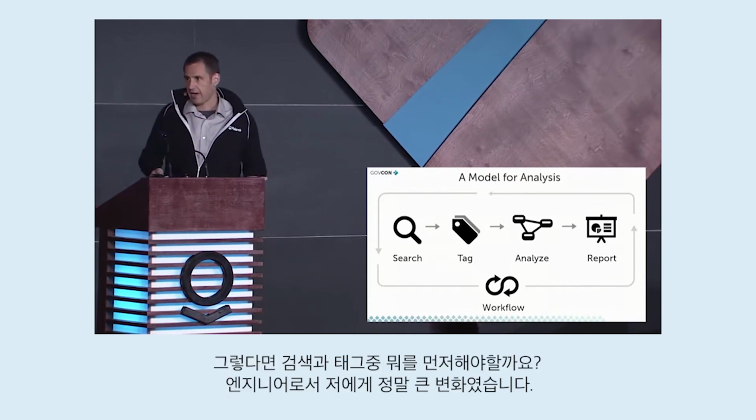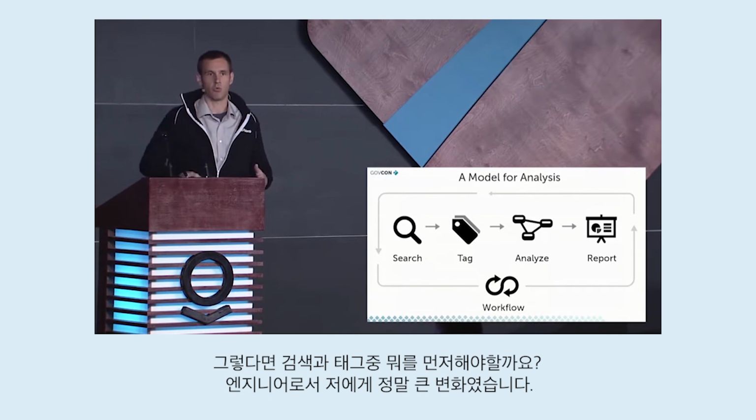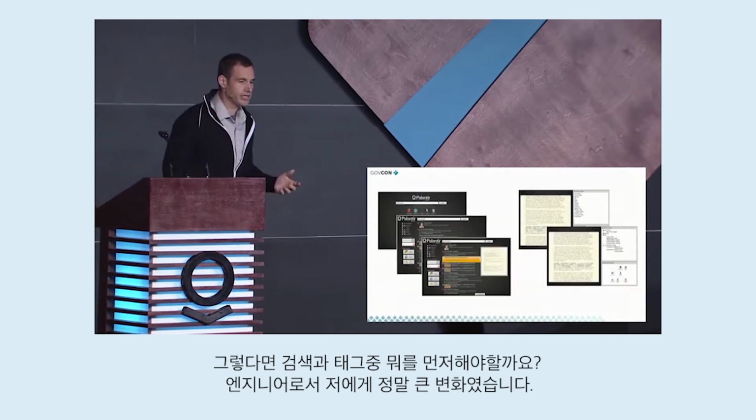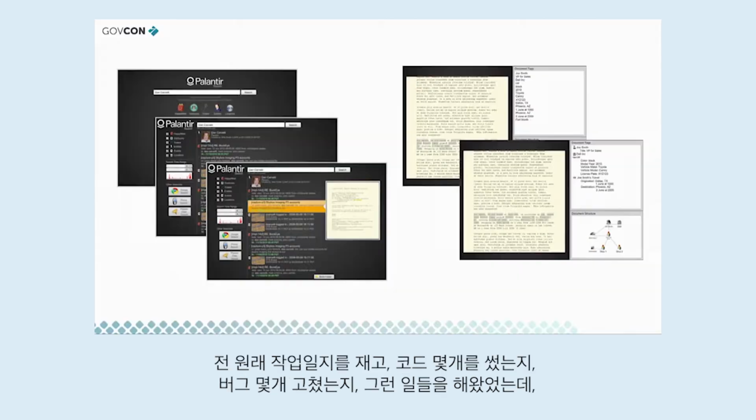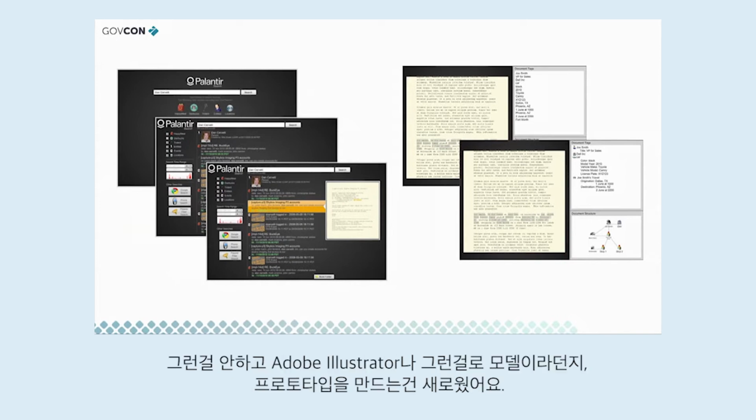So how do we decide between working on search and working on tagging? And this, for me as an engineer, was a very big change. I'm used to measuring my days by how much code I've written or how many bugs I've fixed, and stopping that process and pulling out tools like Adobe Illustrator to make mock-ups or prototypes is pretty foreign to me.